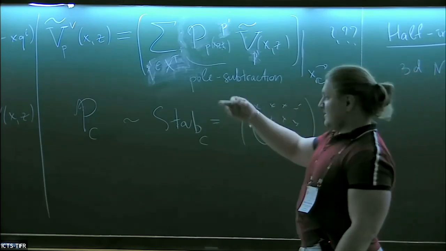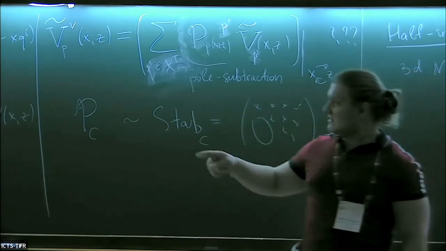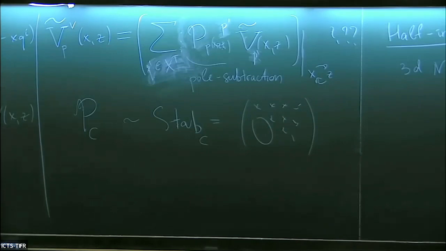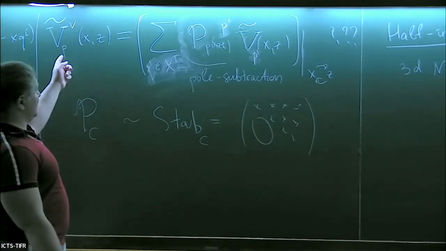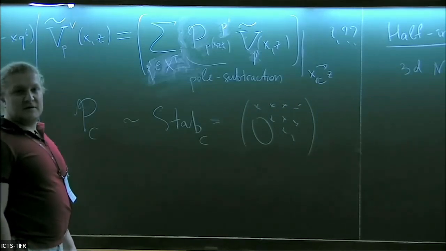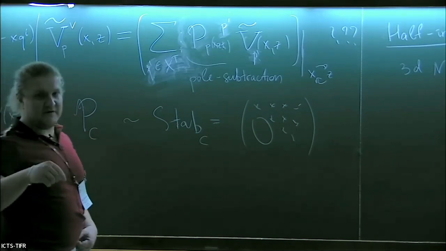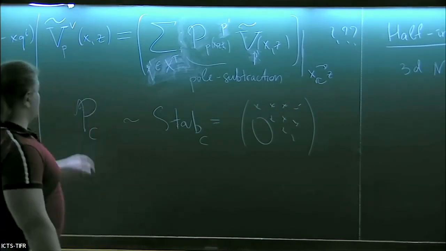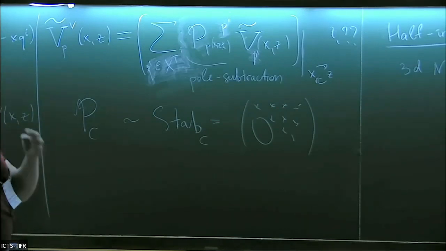Yeah, so V is just V. You can think of it as a vector with components V_p. I mean, it's an element of K theory, which I expand in the fixed point basis.